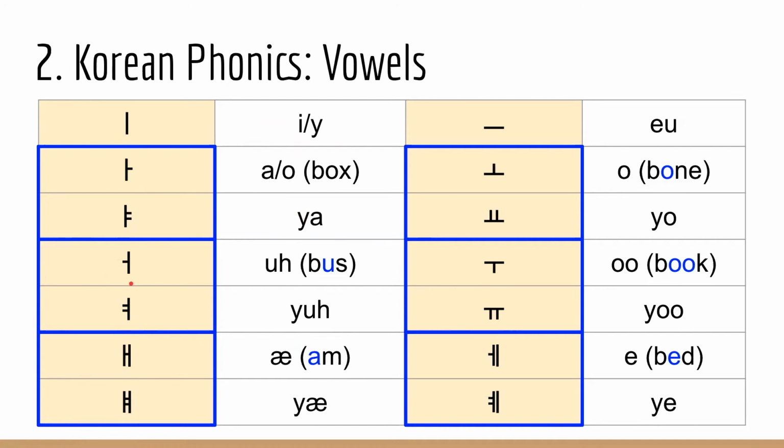This one would be eo, and this one would be yeo because we add a line in it. This one would be e, and ye. These are o and yo as in pairs.